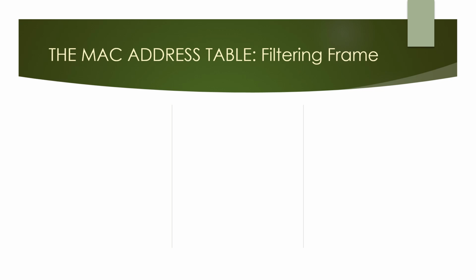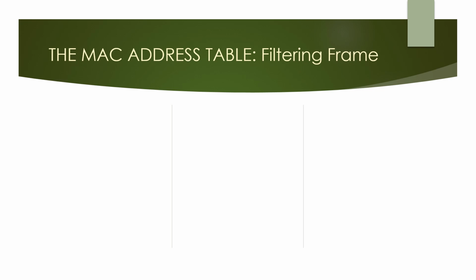A switch receives frames from different devices, and it is able to populate its MAC address table by examining the source MAC address of every frame. When the MAC address table of the switch contains the destination MAC address, it is able to filter the frame and forward it out a single port.